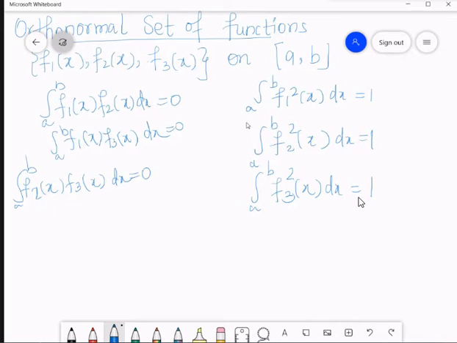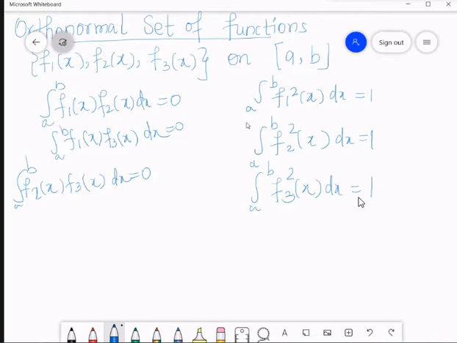orthonormal. Since these three conditions are common to the orthogonal case, this is just an extension. We are stricter in these conditions. We don't want a non-zero value, we want a 1 over there.